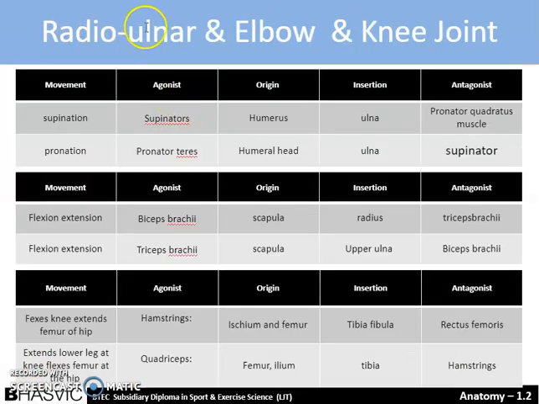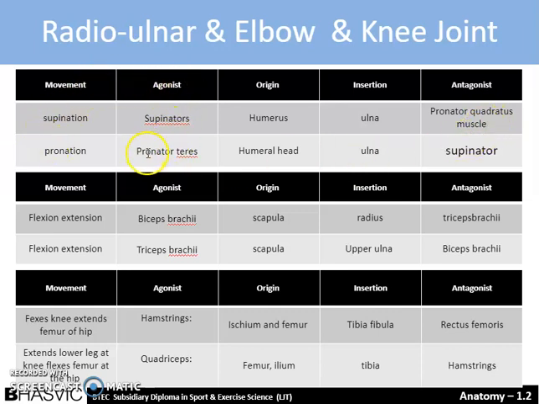Now at the radio-ulnar and elbow and knee joints, the supinator is the agonist, and the movement is supination in the radio-ulnar segment. The origin is the humerus, the insertion is the ulna, with the antagonist being the pronator quadratus muscle.